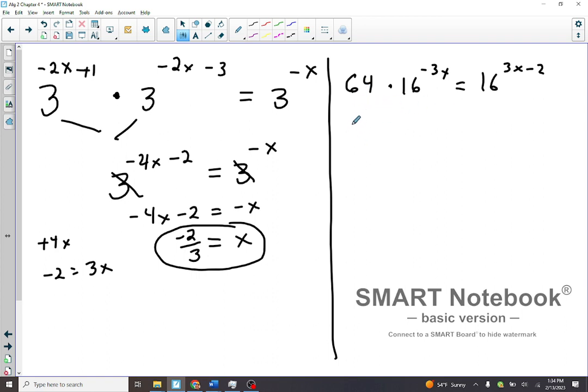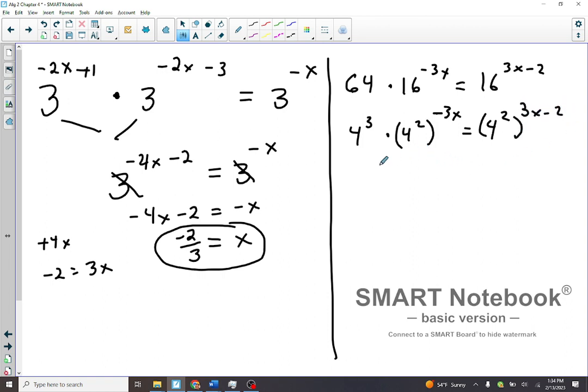So I'm going to change 64 to 4 to the 3rd power. I'm going to change 16 to 4 to the 2nd power, negative 3x, because I need them to be all the same. You could also have changed them all to the 2nd power. If you did that, you will still get the right answer, assuming you did it right.